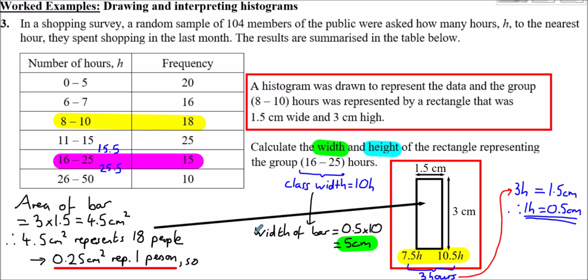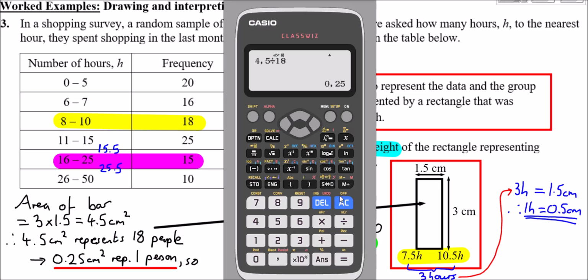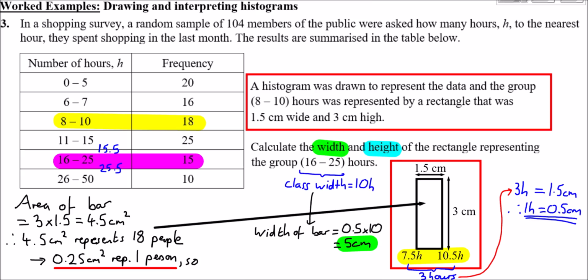So 0.25 times 15 is 3.75 centimetres squared. So 3.75 squared centimetres would represent 15 people.